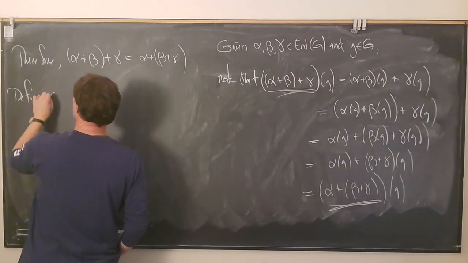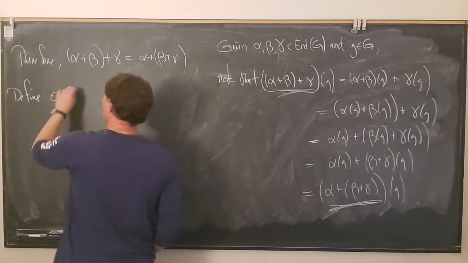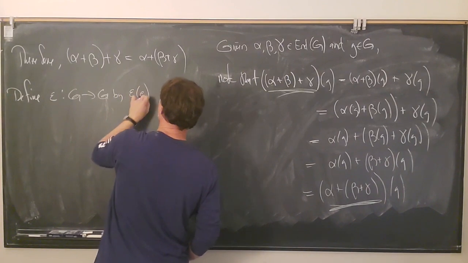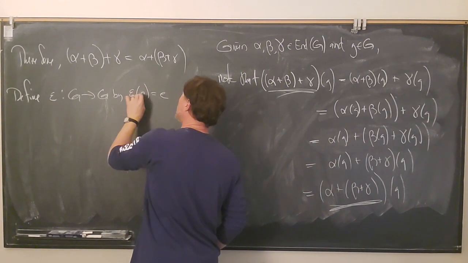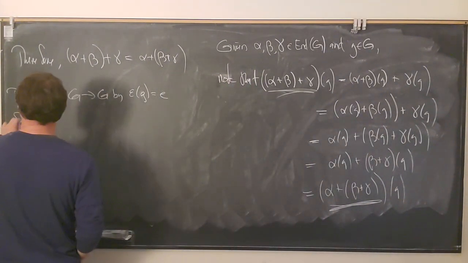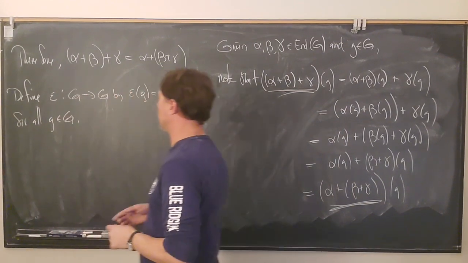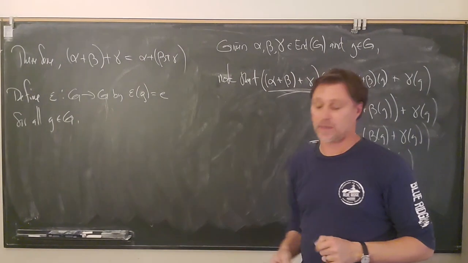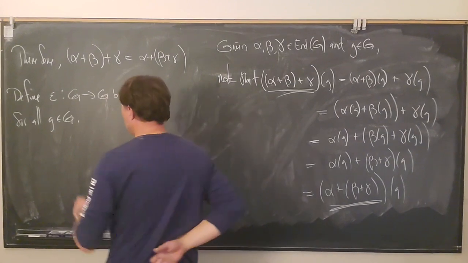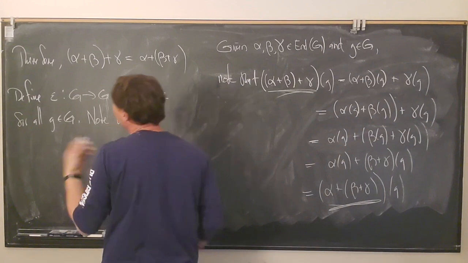So let's define, let me call it little epsilon, this is going to go from G to G by epsilon of little g equals little e, the identity, for all little g in capital G. So this function epsilon takes each element and spits out the identity in G. So note that epsilon definitely is a homomorphism.